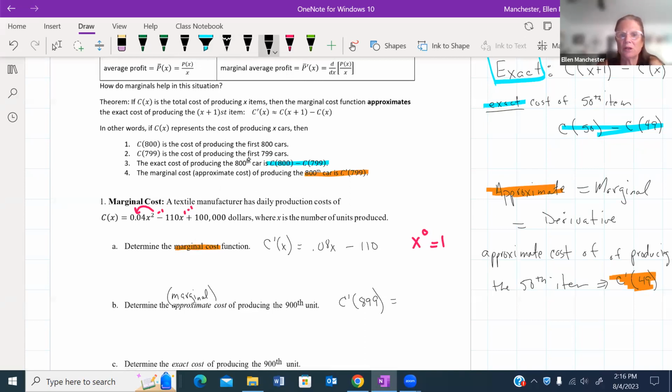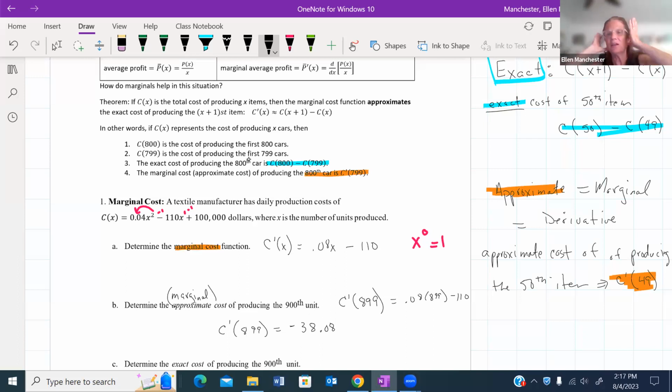We're going to go 0.08 times 899 minus 110. So we get the approximate cost of the 900th unit is a negative 38.08.